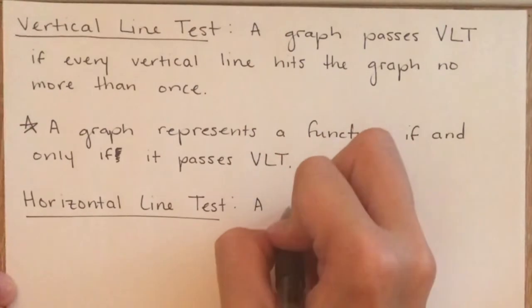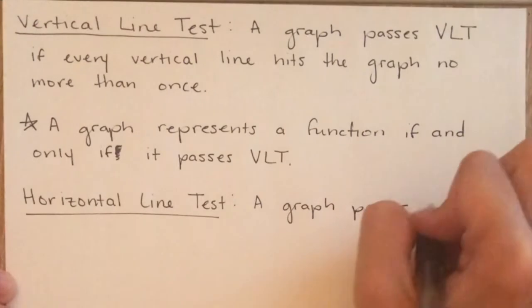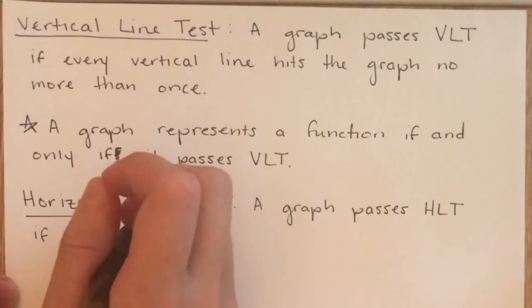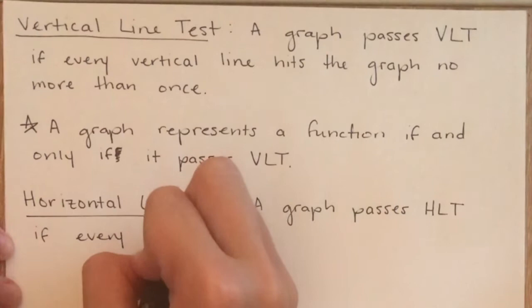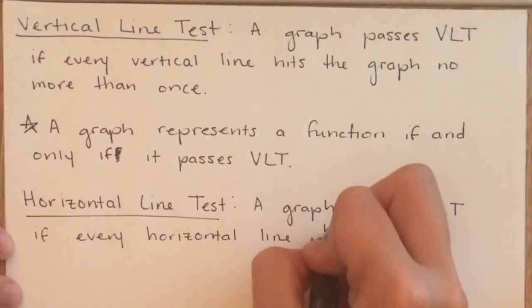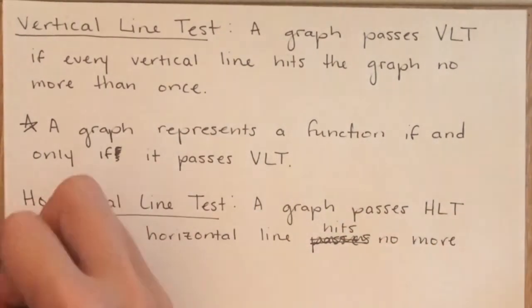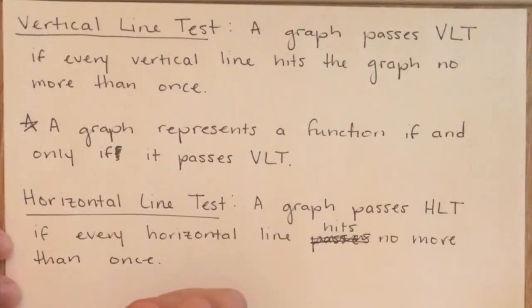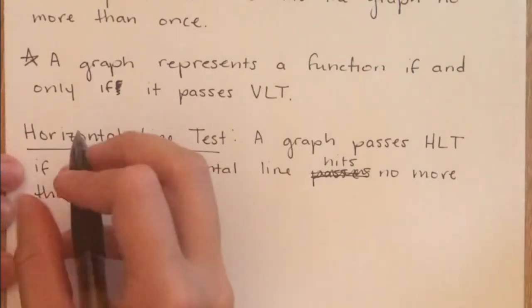A graph passes HLT if every horizontal line hits no more than once. Again, you'll see why this is important later.